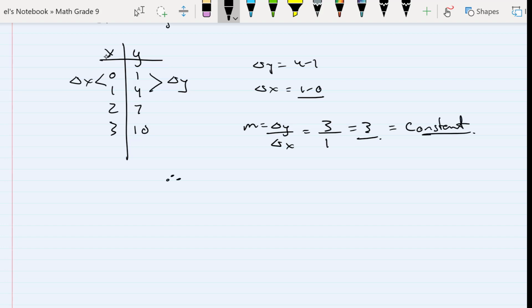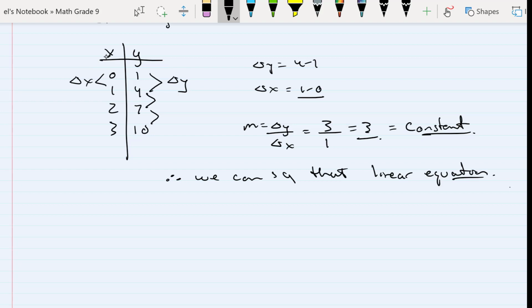And therefore, we can say that this is a linear equation. Of course, we would need to look at successive points all across our table. So we would have to include these points and these points.